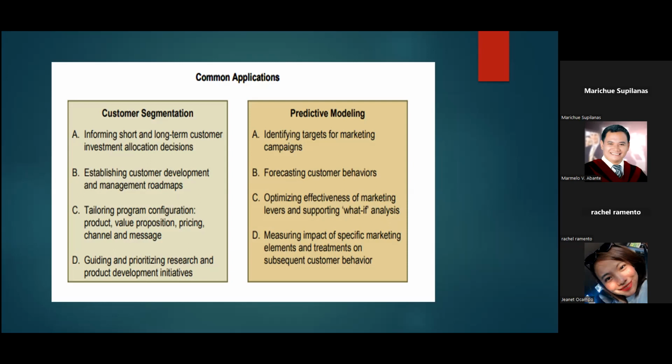The last is measuring impact of specific marketing elements and treatments on subsequent customer behavior. In today's marketing environment, companies utilize complex, multifaceted programs to communicate with their customers. Isolating the impact of individual marketing components on subsequent customer behavior can be daunting because individuals are exposed to a variety of messages and offers through many different channels.